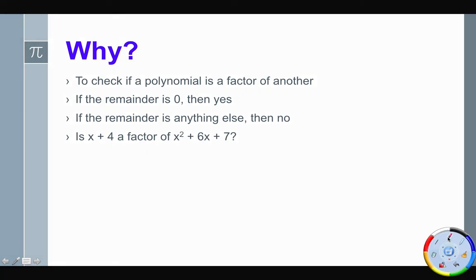Now we could do that pretty quickly, hopefully, once you guys get the hang of this. This becomes x plus 4 on the outside and x squared plus 6x plus 7. What times x gets me x squared? I know that to be an x. X times x is x squared, and x times 4 is 4x.